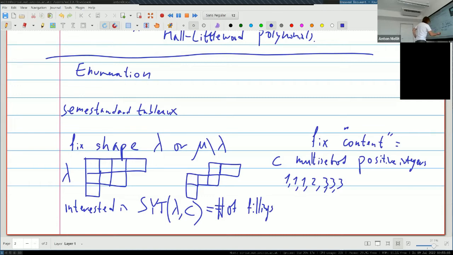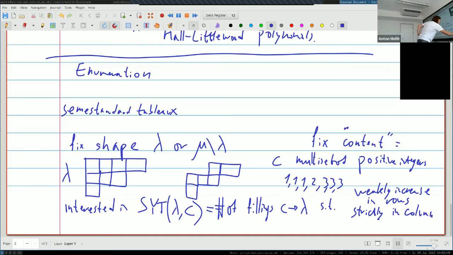So a filling is a bijection from C to lambda, such that the numbers that you get in lambda are weakly increasing in rows and strictly increasing in columns. So very classical thing to do.